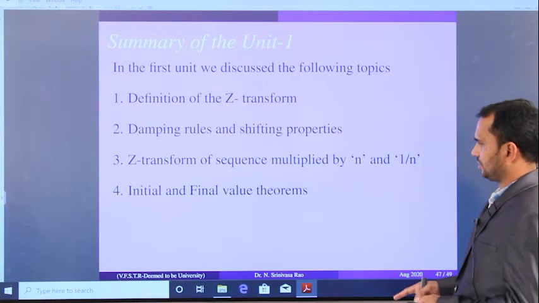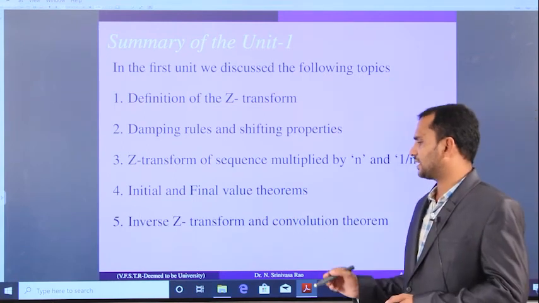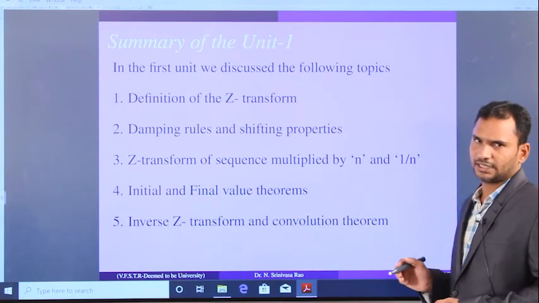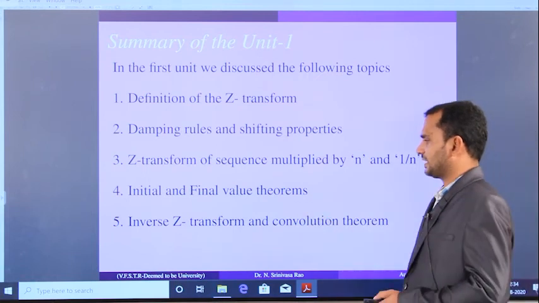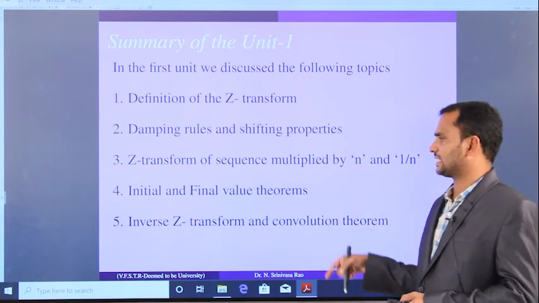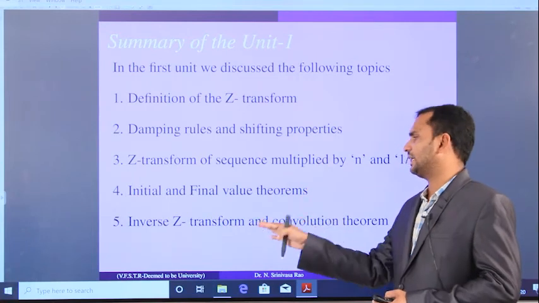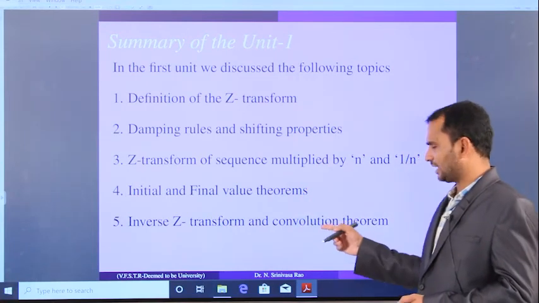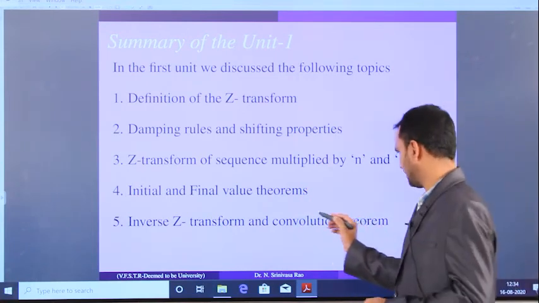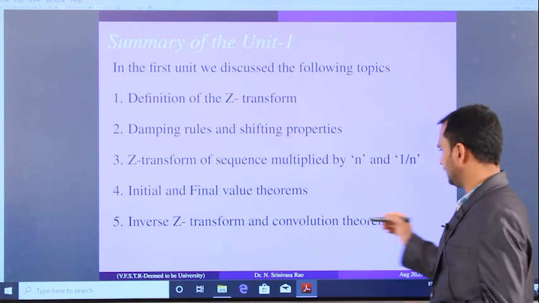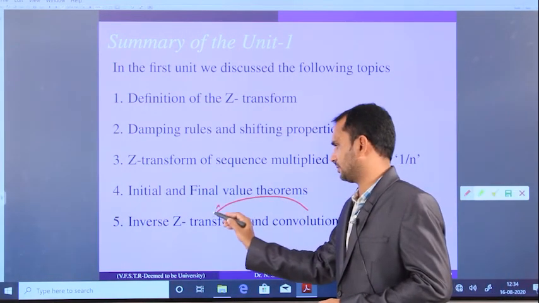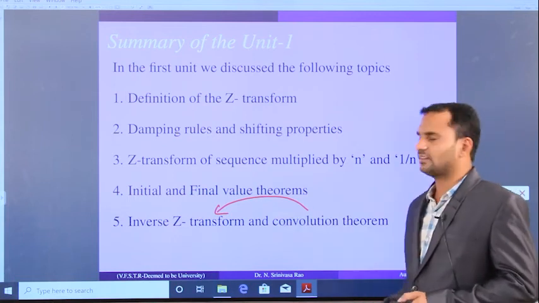So the next topic is inverse Z transformation and convolution theorem. Inverse Z transformation means if you know the Z transform, then only we can apply the inverse Z transformation, and the convolution theorem is used to find the inverse Z transform.